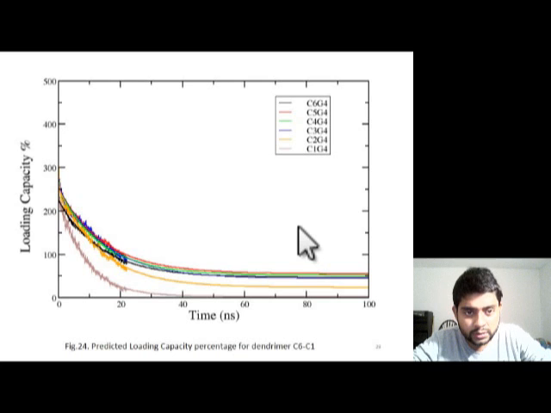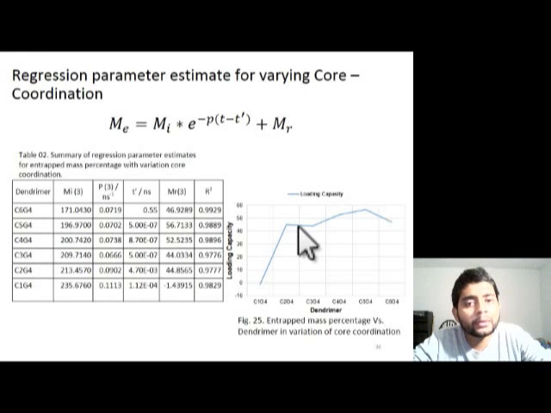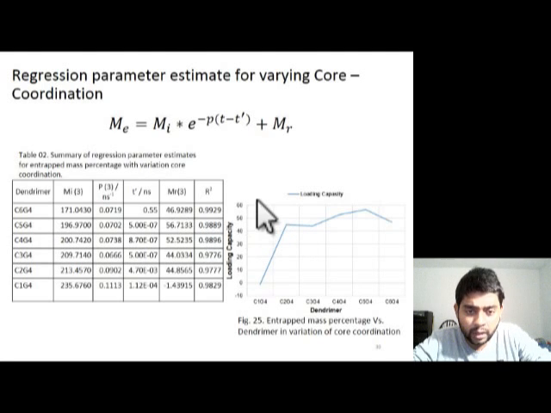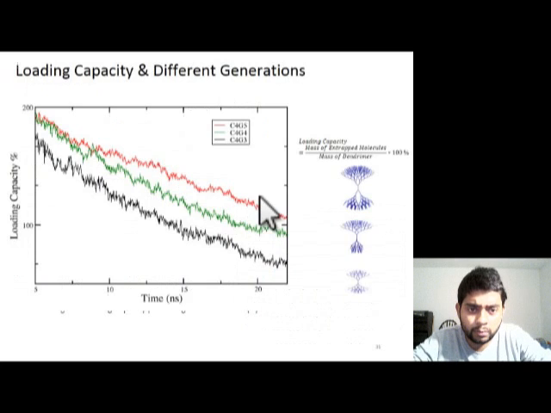You can observe that C5 in red has the highest loading capacity. We also fit those data into this equation, and we observe 56 percent for the C5 dendrimer, and these data were fit with around 0.98 R squared value.